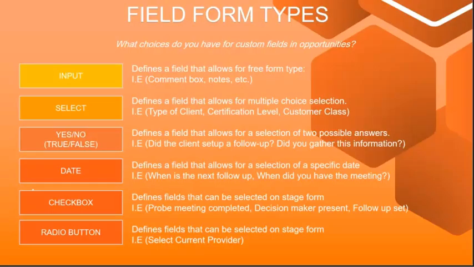There's a date for a specific date like, when is the next follow-up? There's a checkbox for selecting items on a stage form: probe meeting completed, decision maker present, follow-up set, and the radio button, also for stage forms like choosing a current provider. So whatever you're trying to capture, there's a field type that fits. And getting those right up front makes everything downstream smoother.